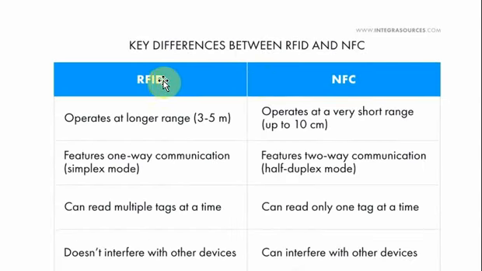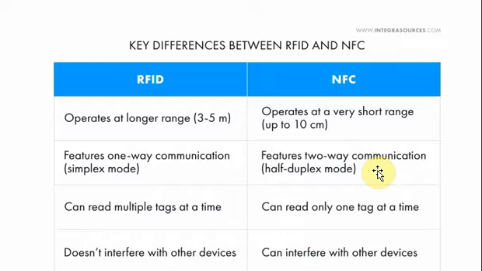Now these are the basic differences between RFID and NFC. This only works within a few centimeters, but here is long range. This is only one way, right? This is two way but half duplex. Half duplex means communicating one at a time. That means I communicate with you, and while I am communicating you can't communicate. After I stop communicating, only then should you start your communication.